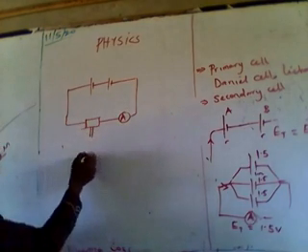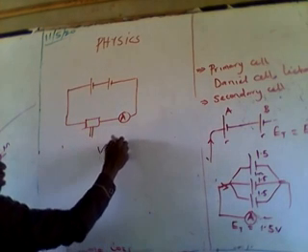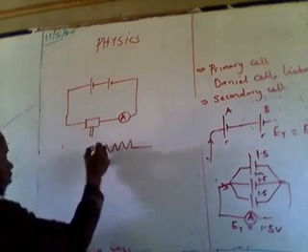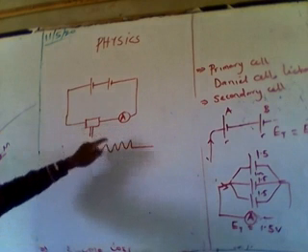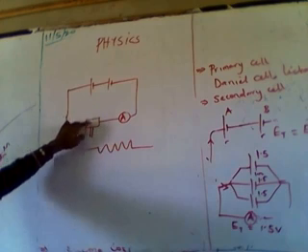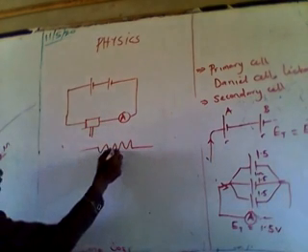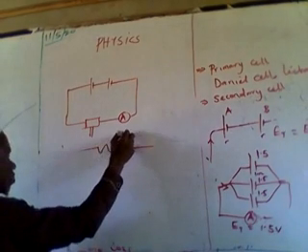The symbol of resistance can also be in this form. So this also stands for resistance. Please take note: the diagram of a resistance can be a rectangular box like this one or this one. We also have another one if it is being crossed like this.